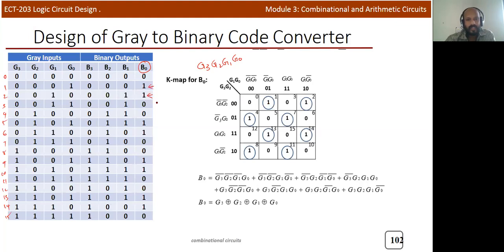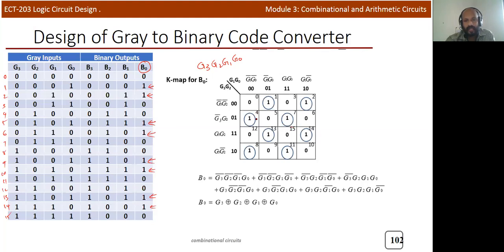Here also it's 1. Here it is 1. It is 1. It is 1. So 1, 2, then 5, 6, then 9, 10, and 13, 14. Okay. So you can see the corresponding values.